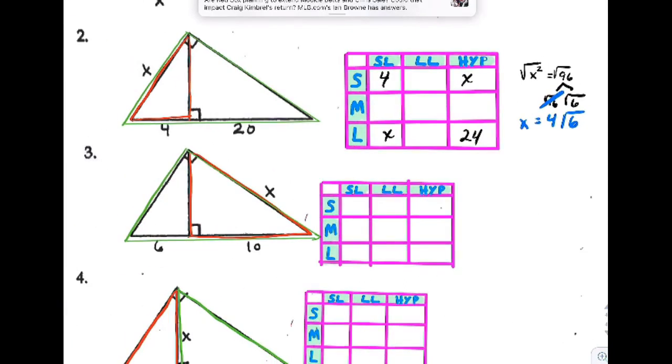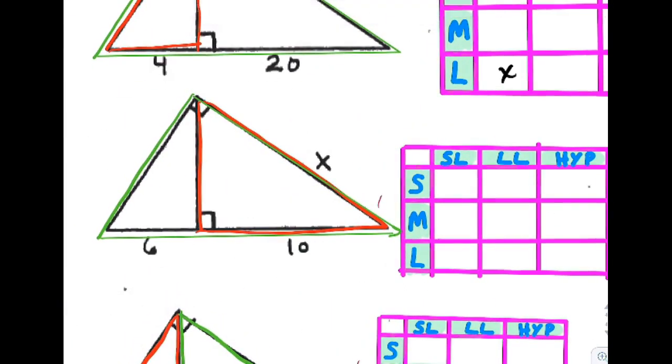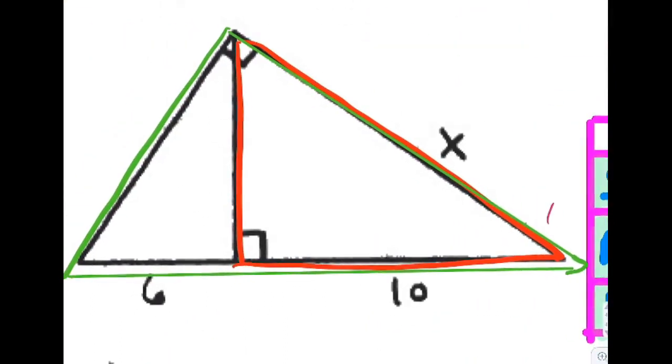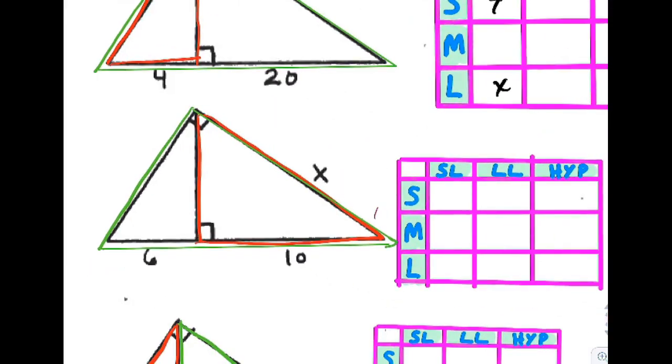Okay, moving on to number 3. Looks like we have a medium and a large. The medium has a long leg of 10. We don't know the short leg, but it has a long leg of 10 and a hypotenuse of x. And the large triangle has a long leg of x and a hypotenuse of 16.